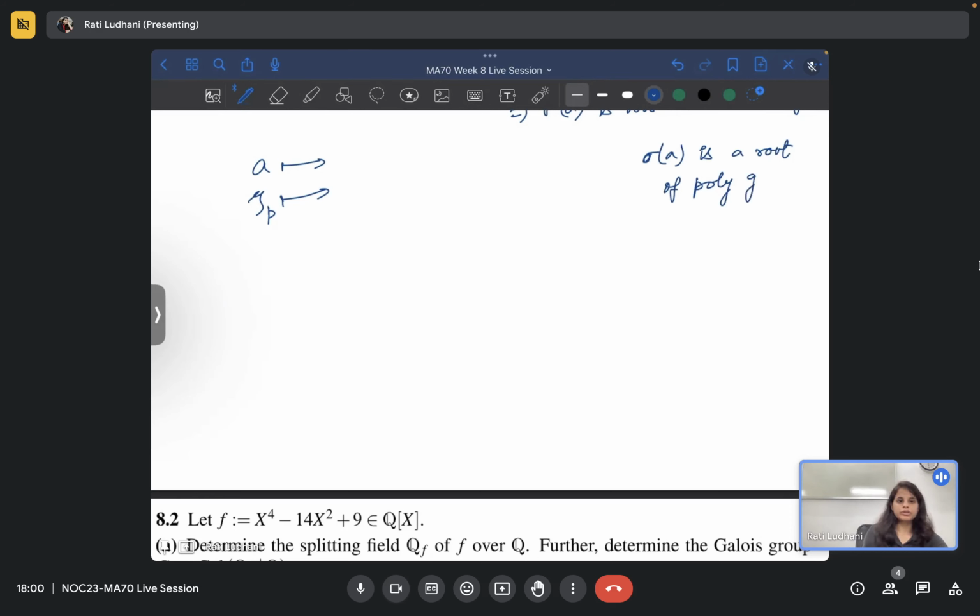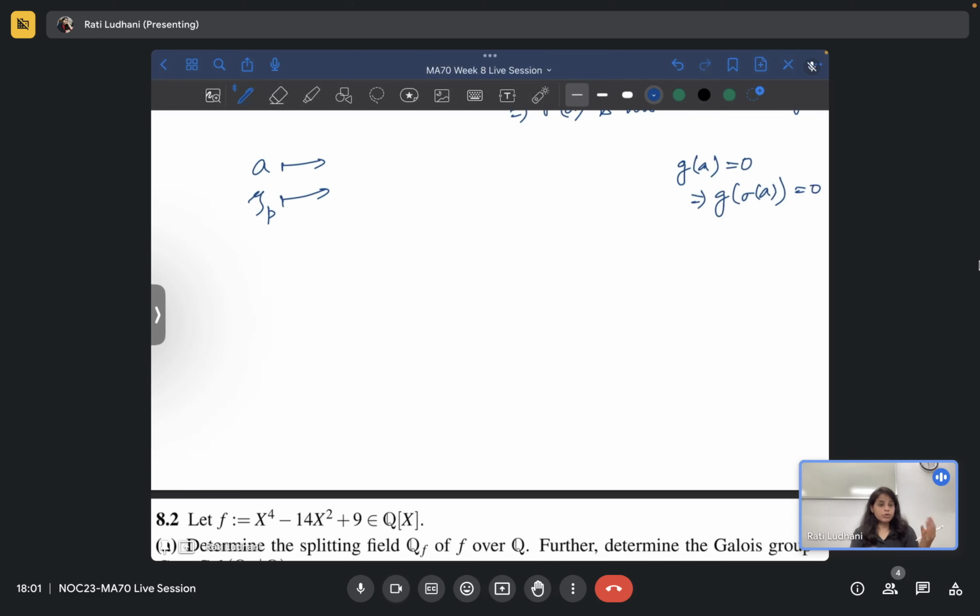In notation, we have proved that g(a) equal to 0 implies g of sigma a is equal to 0. So sigma of a should be a root of the same polynomial. Now we have proved one side. Now we have to pick the roots from this.